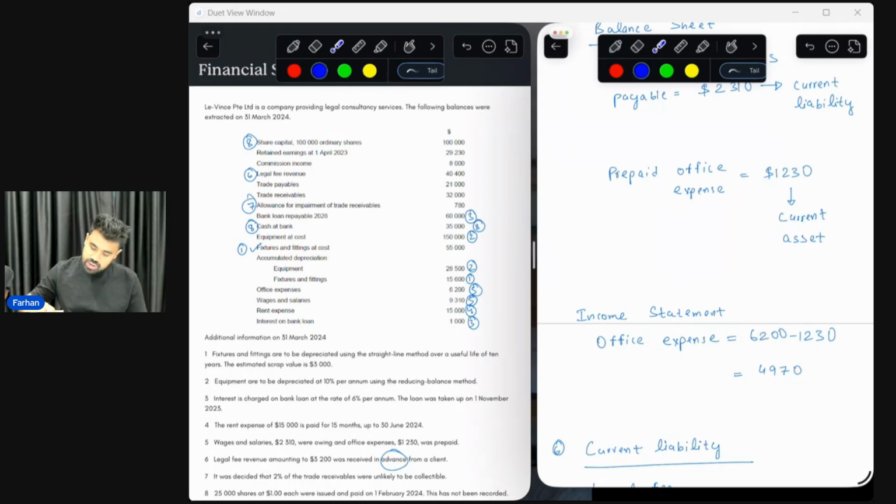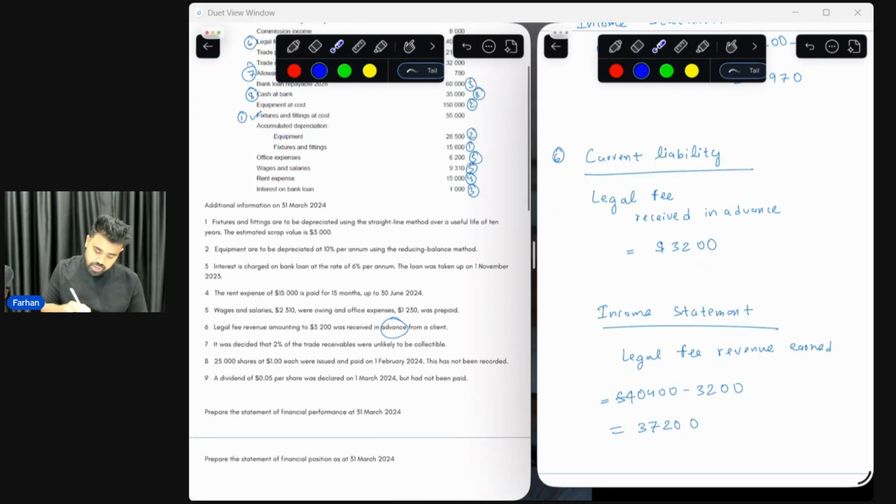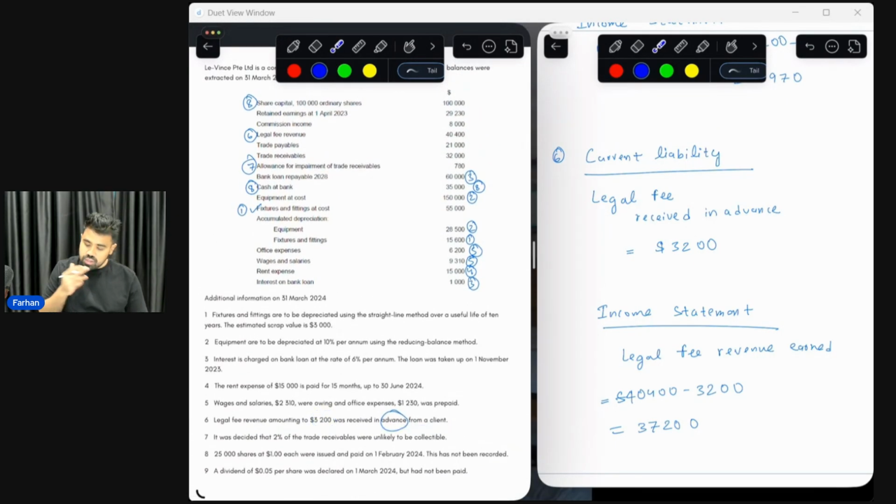All right, now let's move to additional information number 6. Legal fee revenue amounting to $3,200 was received in advance from a client. All right, now legal fee revenue received in advance is a current liability for the business. And why is that so?